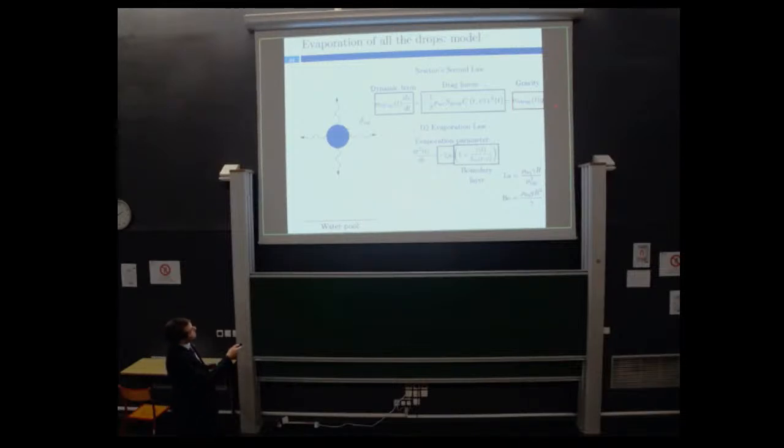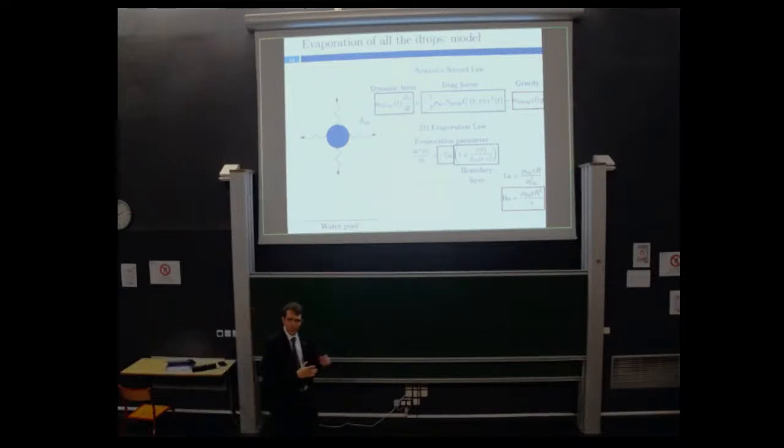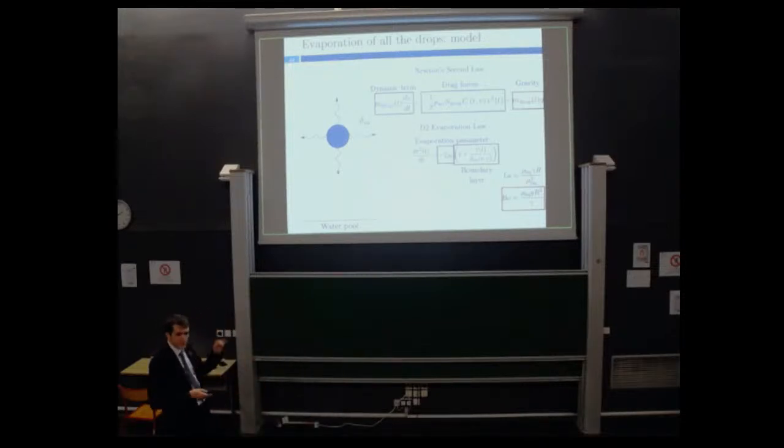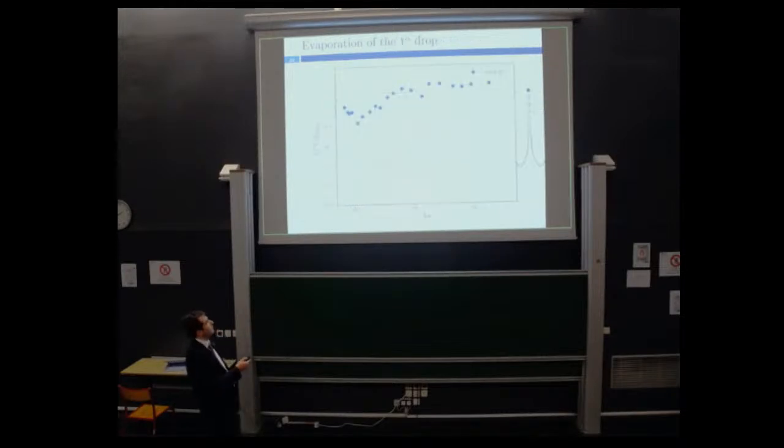And we're observing here in our equation that we've got gravity back. So maybe gravity might be important during the evaporation process. That's what we will try to characterize. But first, let's observe the evaporation of the first drop. I'm plotting here the evaporation of the first drop as compared to the initial volume of the bubble.